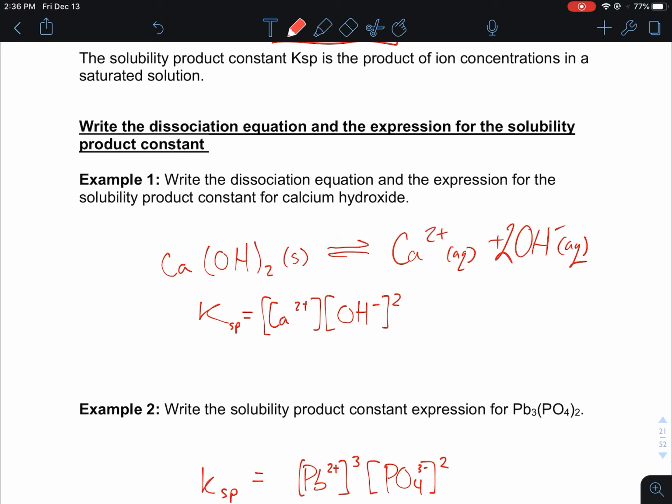The products are the only two that matter, so they go into the numerator. Our denominator here is 1. It's not changing, so we get rid of it. And so our KSP will be based on the concentration of calcium and the concentration of hydroxide in solution.